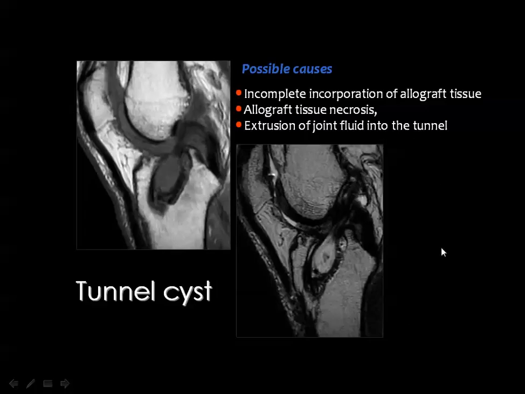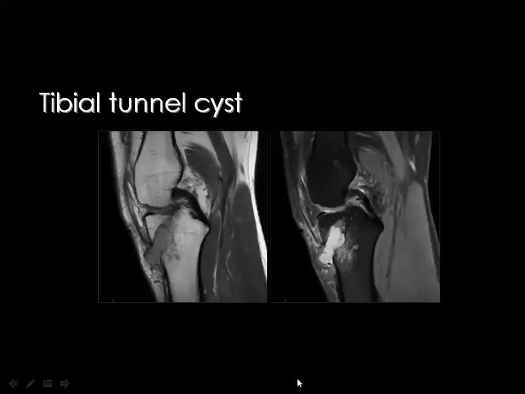And the synovial effusion may find its way into one of the tunnels, and it will collect here and form what's known as the tunnel cyst. And this is an example of a tibial tunnel cyst, intermediate signal in the proton density image, and bright signal in this T2 fat suppressed image.